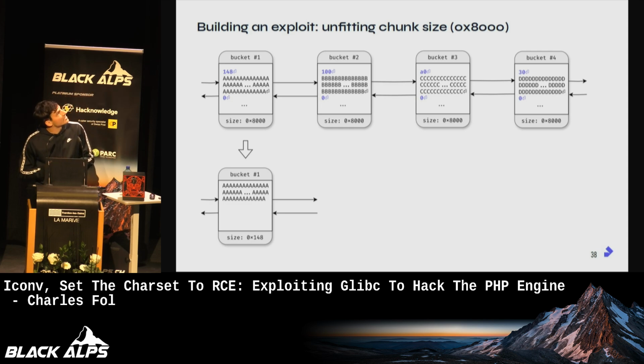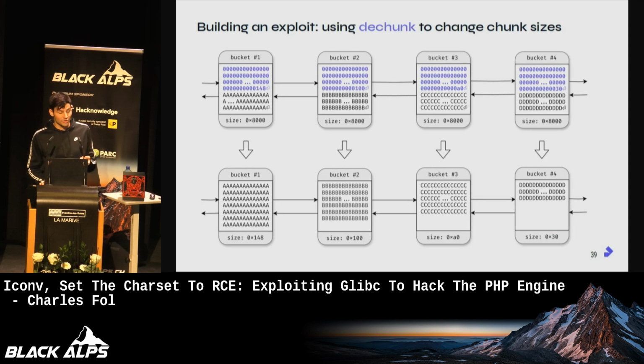The reason is that in bucket 1, we tell it that the stream is done because we've written 0 as a size. So it will not process bucket 2, it will not process bucket 3, etc. So we go back to the initial problem where we have one bucket with an arbitrary size, which is completely useless. But luckily for us, we can actually pad the size with thousands of zeros, so that in each bucket, instead of having a size, some data, and then 0, we only have a size and some data.